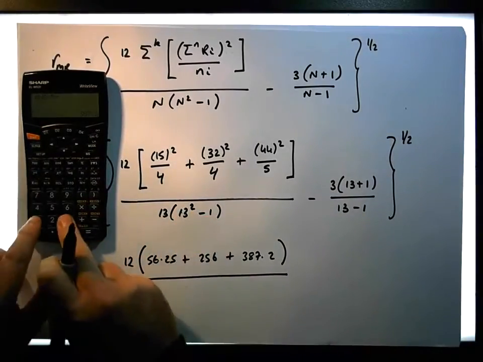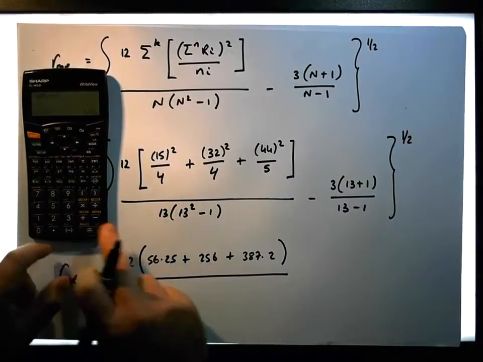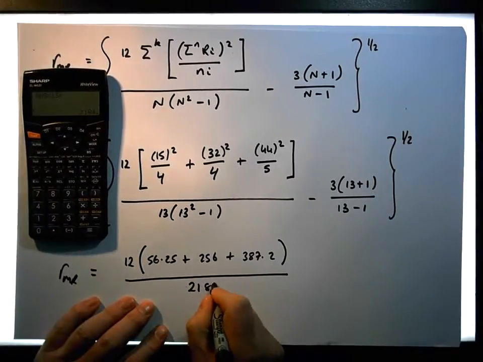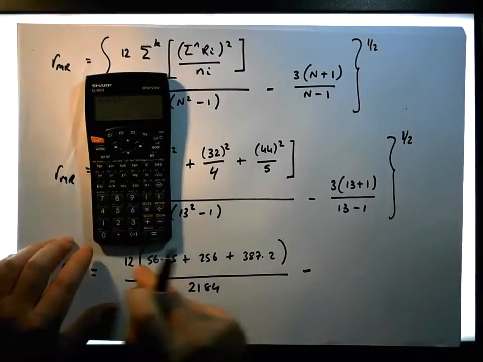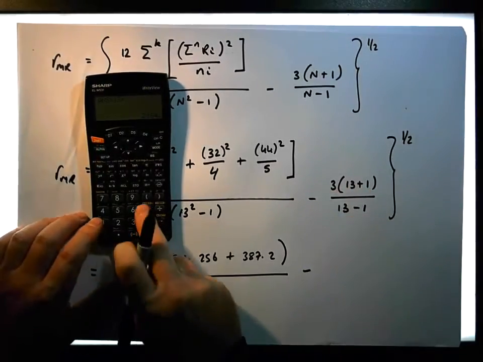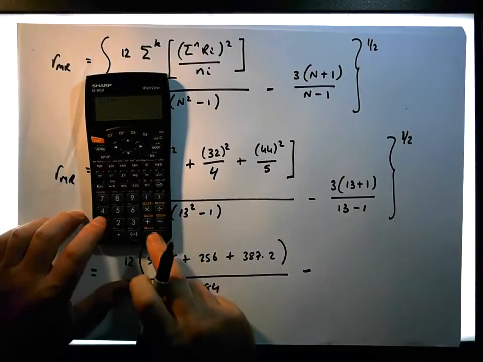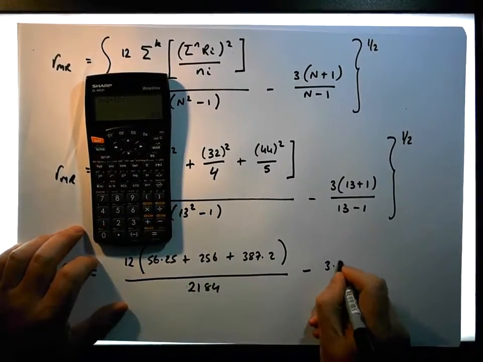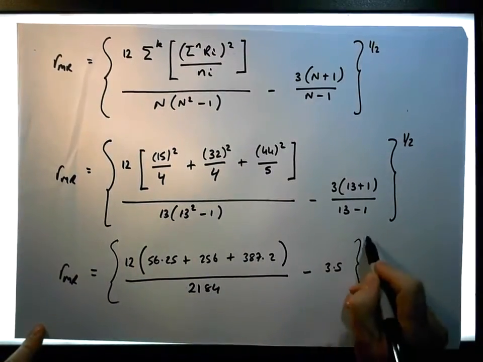So 13 squared is 169, minus 1 is 168, multiplied by 13 gives us a value of 2,184. And what we take away from that is 3 times 13 plus 1, so 3 times 14 gives us 42, which needs to be divided by 12, which gives us a value of 3.5. And once again, just keep in mind that it's the square root of that value.